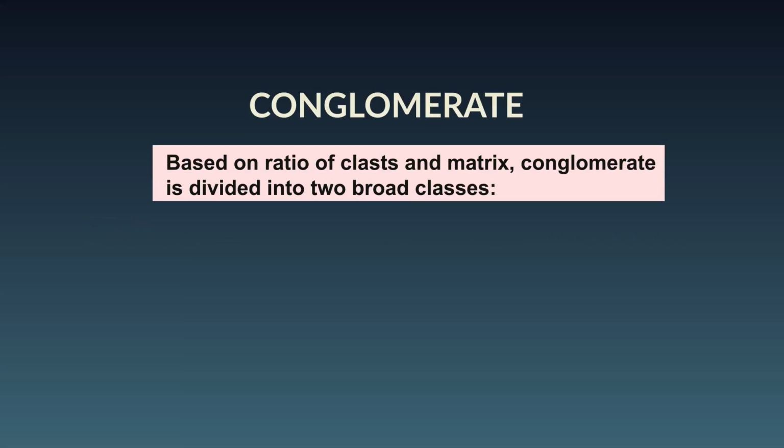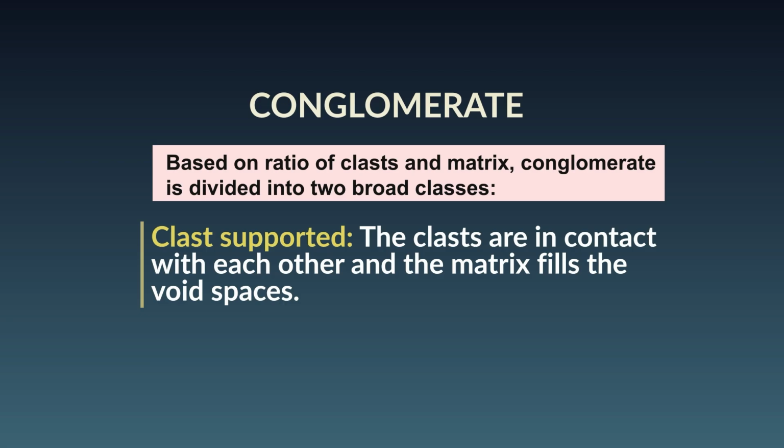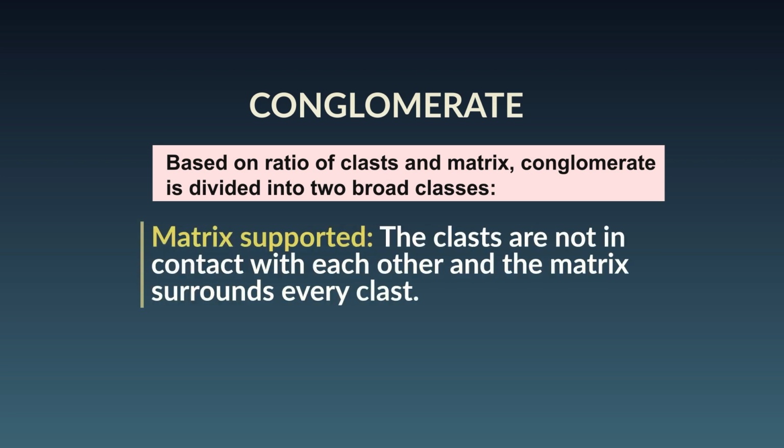Based on the ratio of clast and matrix, conglomerate is divided into two broad classes, clast supported and matrix supported. When the clasts are in contact with each other and the matrix fills the void spaces, it is called clast supported conglomerate, and when the clasts are not in contact with each other and the matrix surrounds every clast, that is known as matrix supported conglomerate.